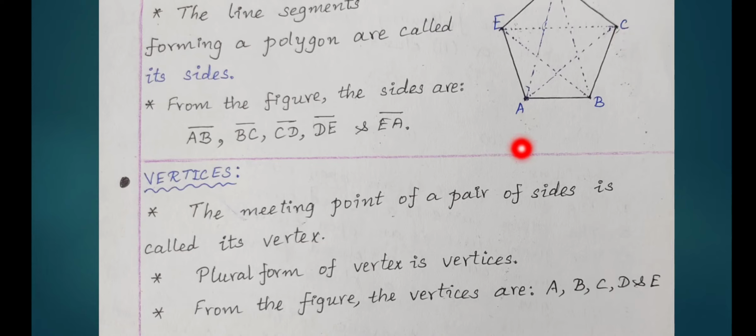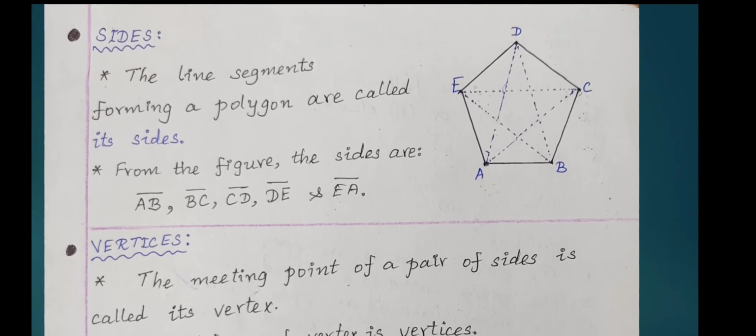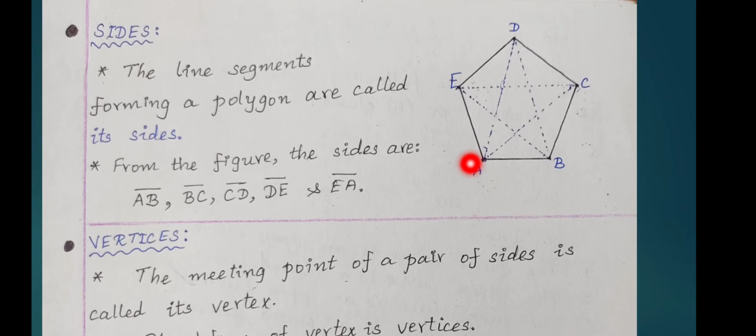See, from the figure, the vertices are A, because this is the meeting point of line segment EA and AB. Next vertex is B. B is the meeting point of AB and BC. C is the meeting point of BC and CD.